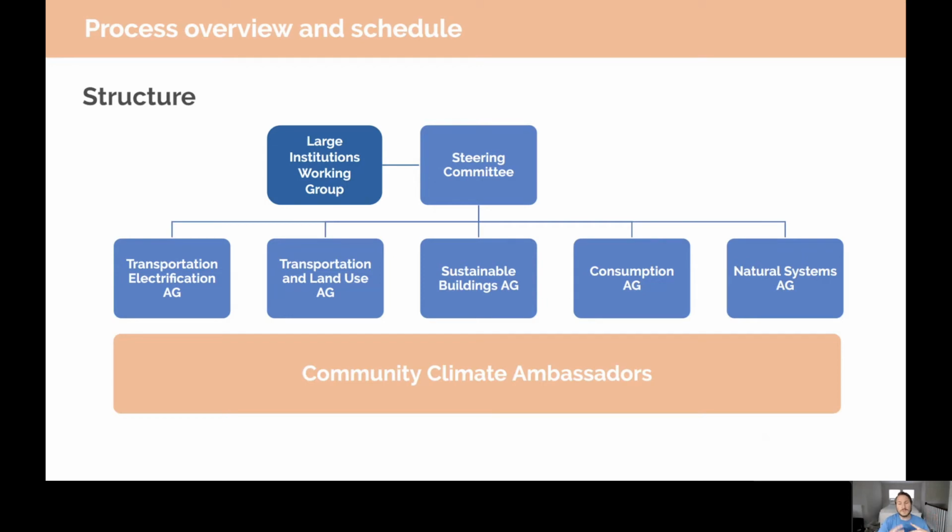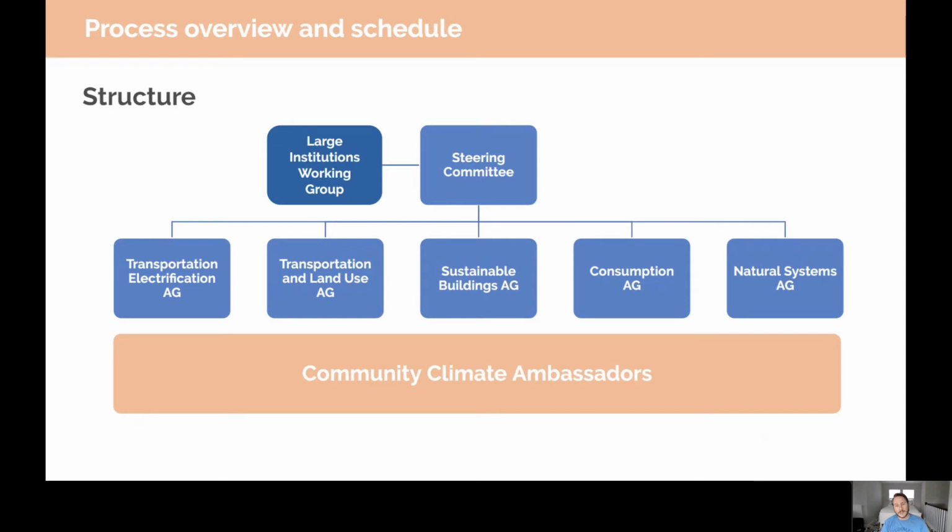So this group works with me and my team to direct where we go. And then on these 5 topics that we're including in the plan, we have what you see as AG. AG means advisory group. So we have advisory groups for each of these topics, which are made up of around 20 to 25 community members and then around 5 city staff members.